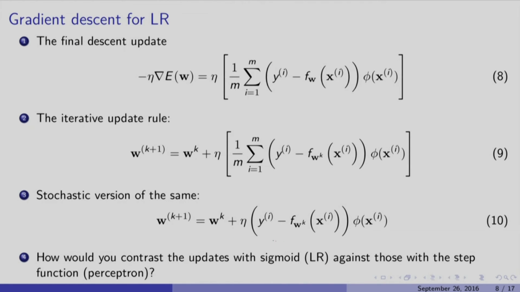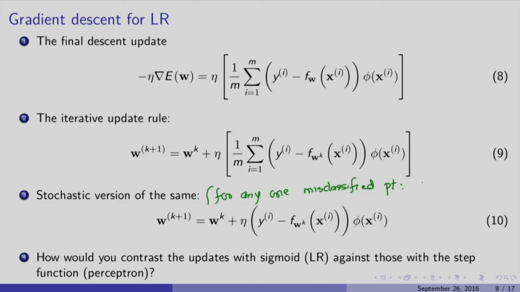A stochastic version of the same is when you are looking at any one misclassified point. And what is a misclassified point?